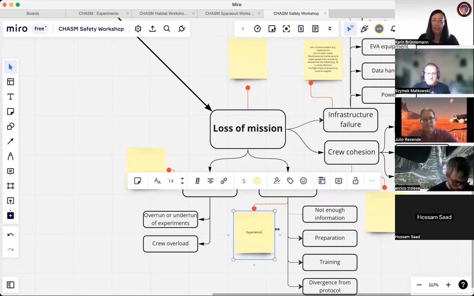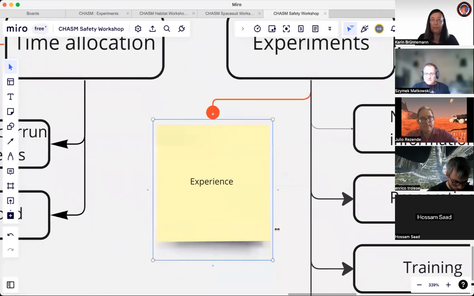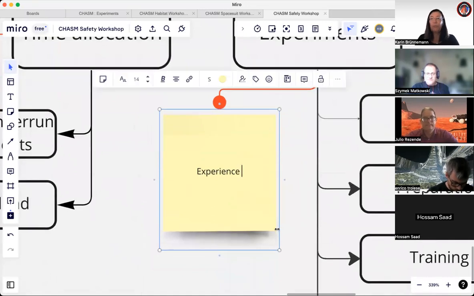So the people who do the experiments have to have the experience. It's a tongue twister: experiment, experience. So there should also be certain standards of conduct, or at least a predicted outcome.